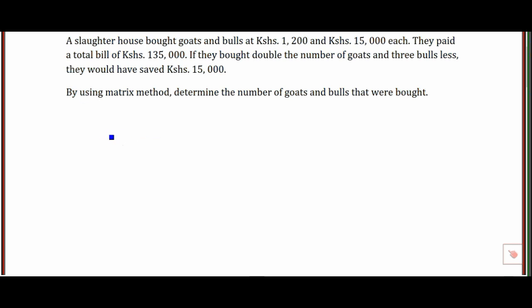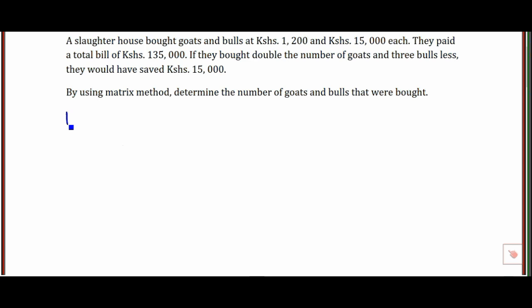Now, back to the question. We are told that we have goats and bulls, and each goat was bought at 1,200, and each bull was bought at 15,000 each.